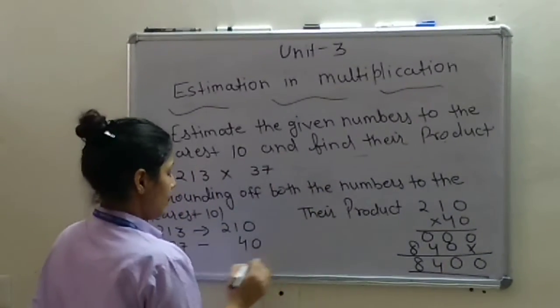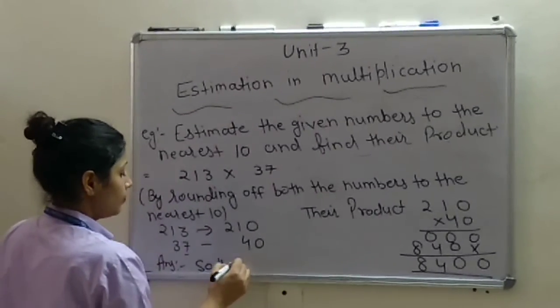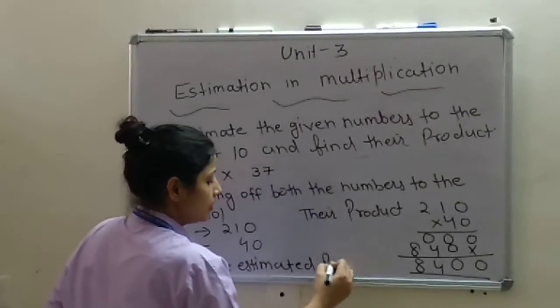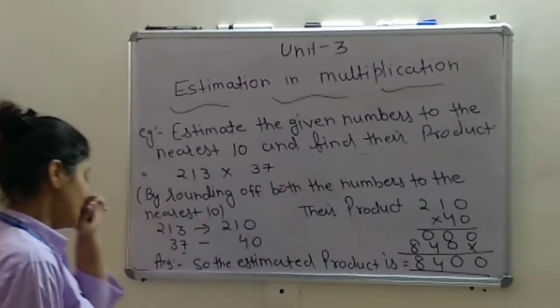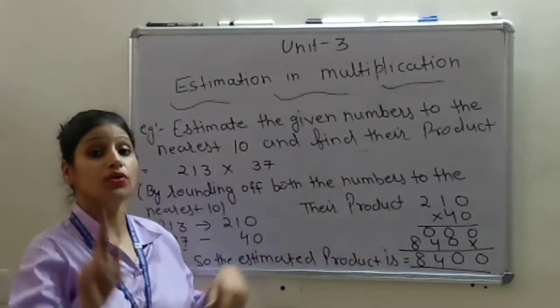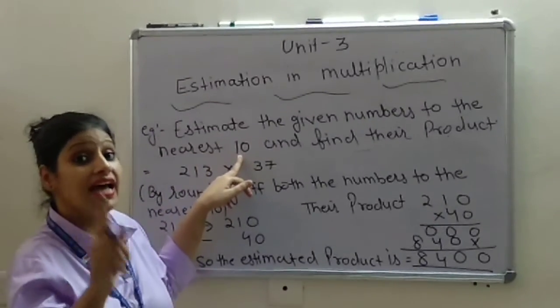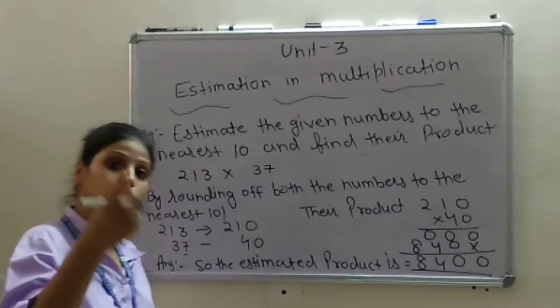So you will write it like this. The estimated product is 8400 and this is your answer. This is how you are going to follow in rounding off to the nearest 100 as well as 1000. Fine. So steps will be the same, only rules will be changed.